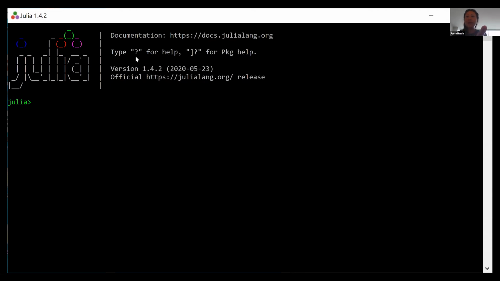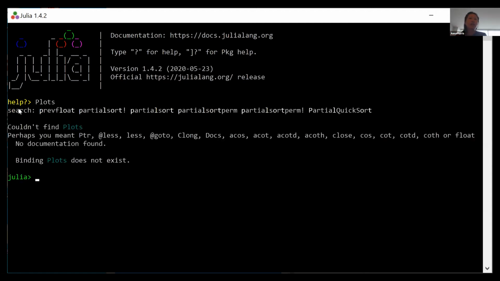If I do a question mark, I can ask about what something is, like, what is a plot? And it says it didn't find the plot, but you can probably do something else. So it will tell you what it is. And then say I want to install a package.